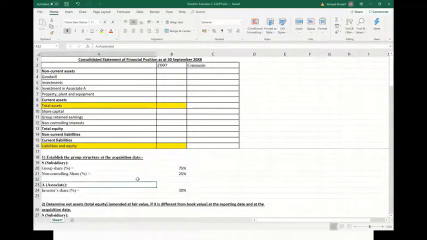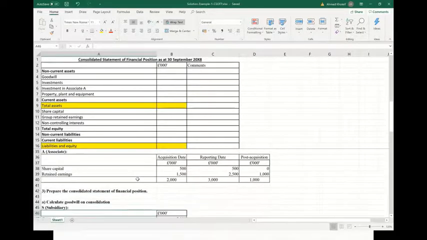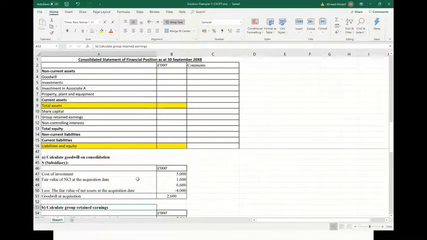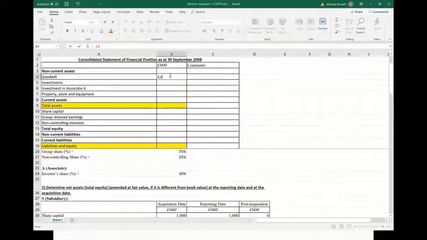Okay, so we're starting with the goodwill that we already calculated. We have goodwill at acquisition date, which is mainly on consolidation. It is 2,600,000, and this is mainly according to working 3A. Okay, so this is the goodwill.